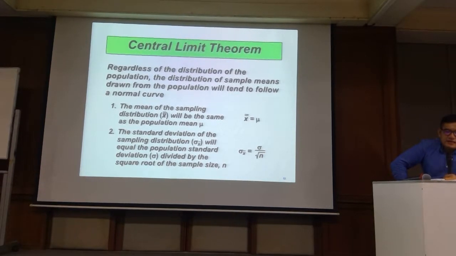The standard deviation of the sampling distribution equals the standard deviation of the process divided by square root n, where n is the sample size. Just like when you sample 5 boxes of cereal, n is equal to 5.